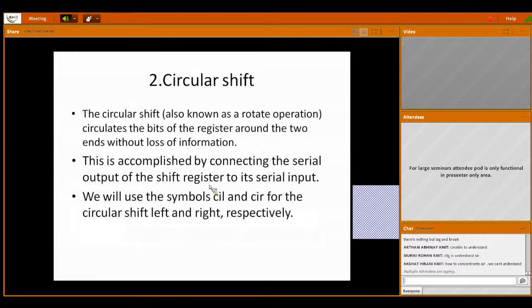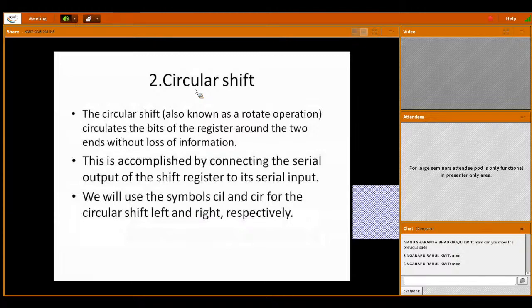But when it comes to circular shift, the bits are circulated from one end to the other end, either to the left side or the right side, but no new information is added and no data is lost.